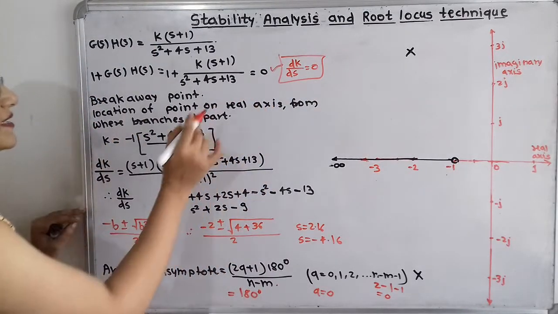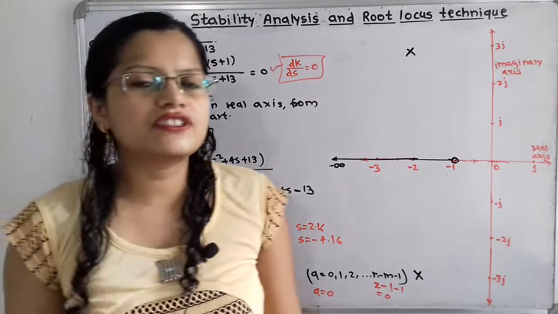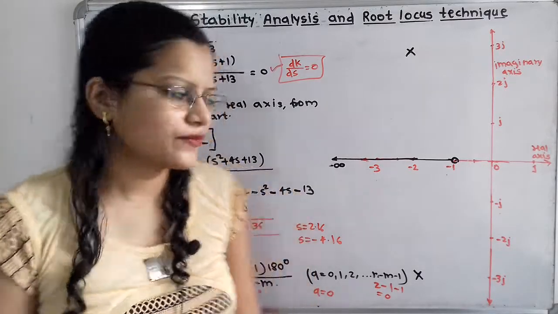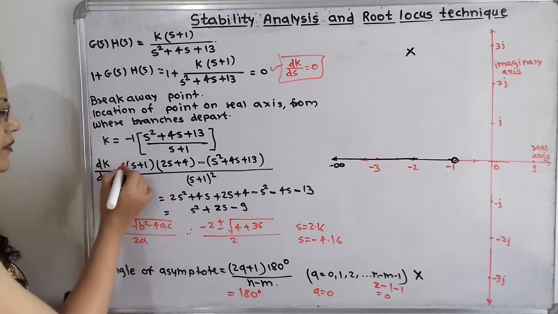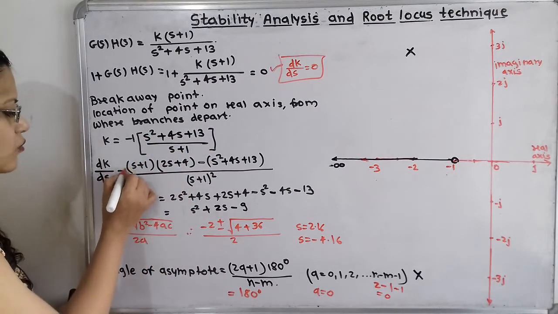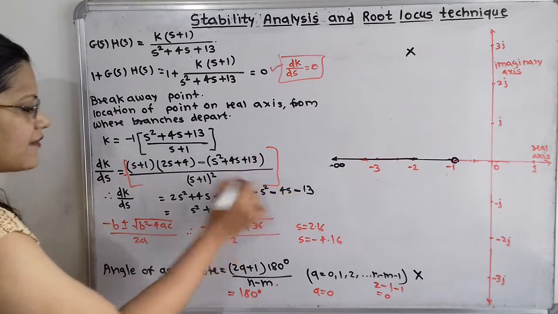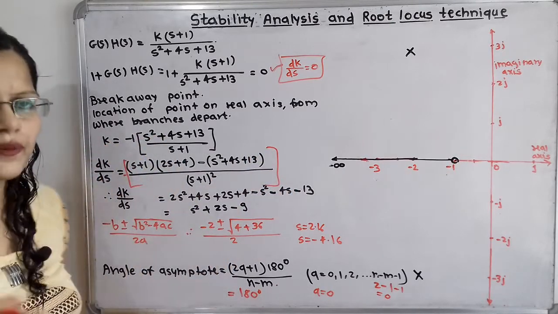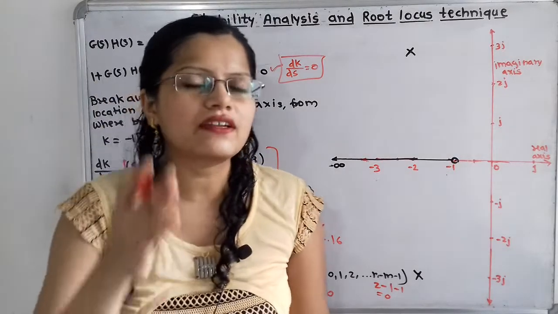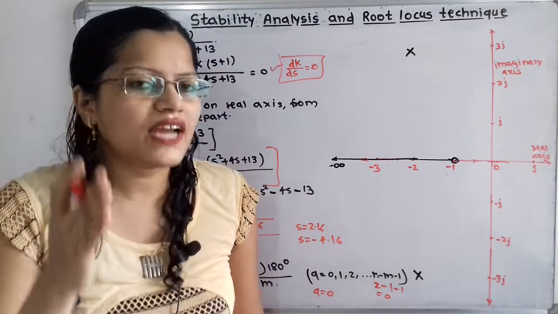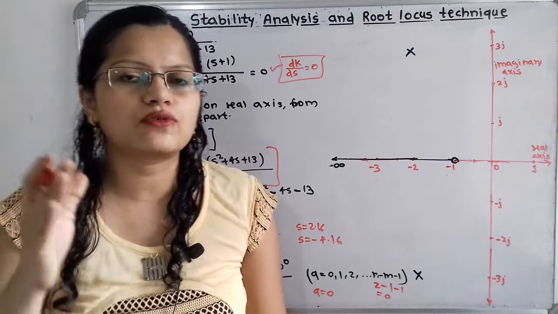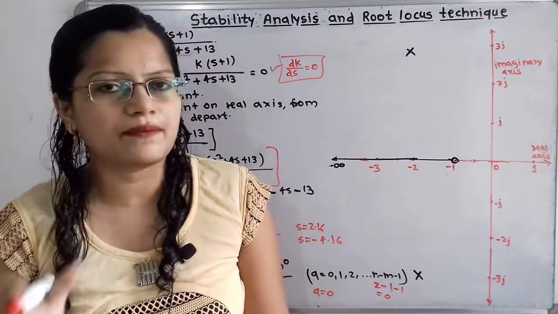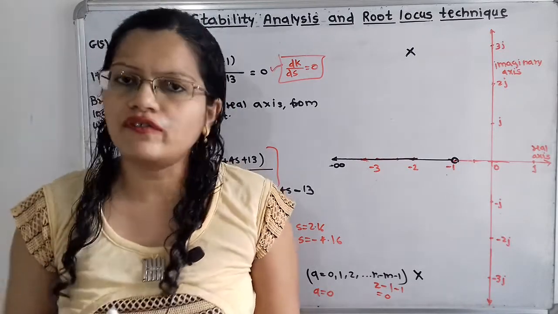Now we have to take the solution dK/ds equal to 0. So for dK/ds we have to differentiate with respect to s. This is in the form of numerator and denominator, so I will take the minus sign outside the bracket and differentiate this numerator and denominator. We know that denominator constant we differentiate the numerator, minus numerator constant we differentiate the denominator, divided by the square of the denominator.